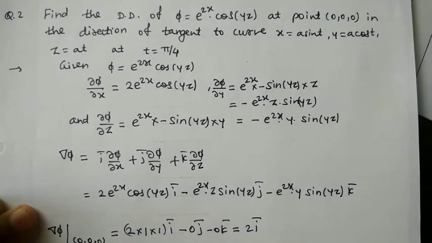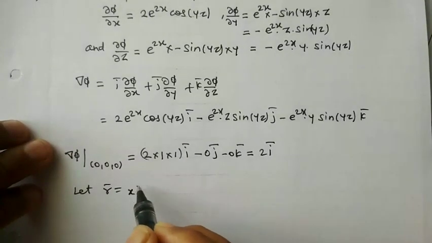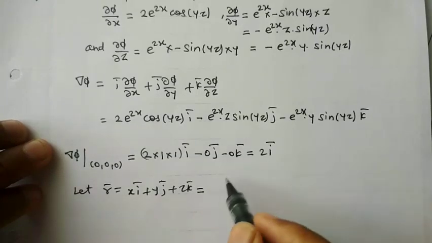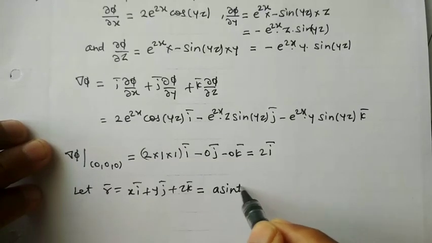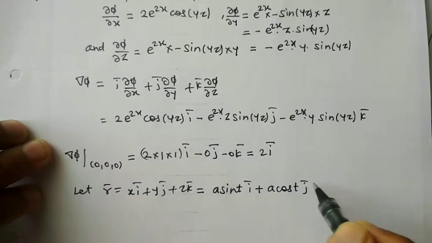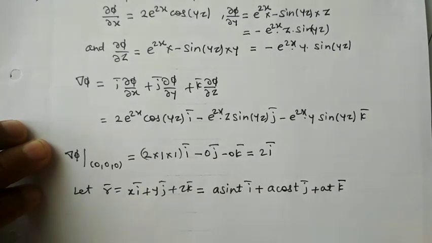So first, how to find the tangent of this curve. Let r bar be the position vector, x i bar plus y j bar plus z k bar. The value of x is a sin t into i bar, the value of y is a cos t into j bar, and the value of z is a t into k bar.